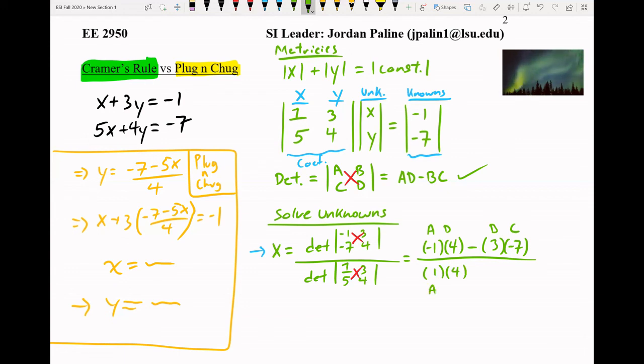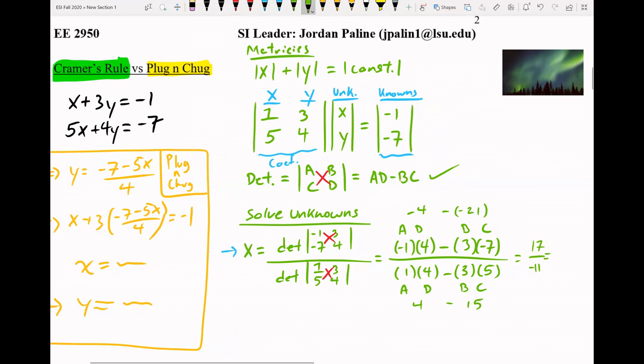So this is AD minus 3 times 5. BC. And this should give us, let's see, -4 minus -21. This will give us 4 minus 15. So that'll give us 17 over negative 11 for a value of x.